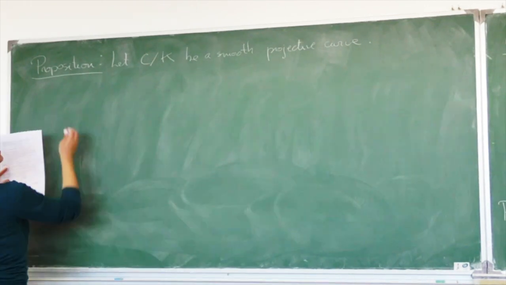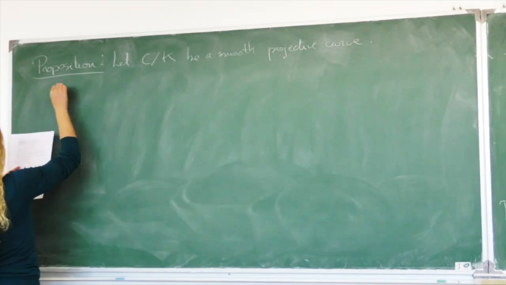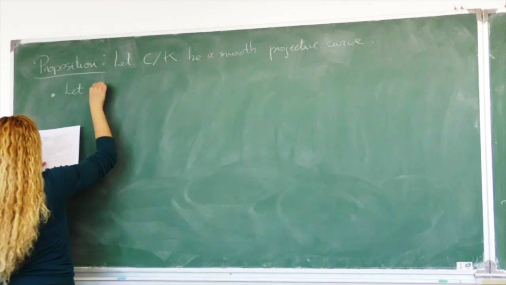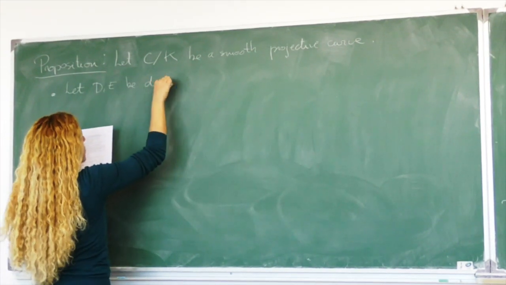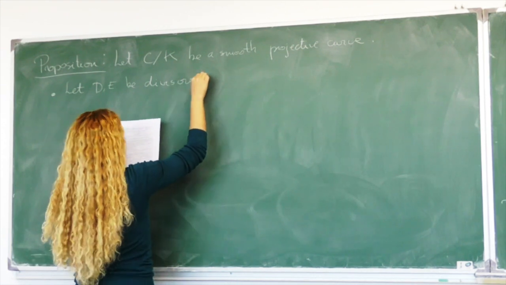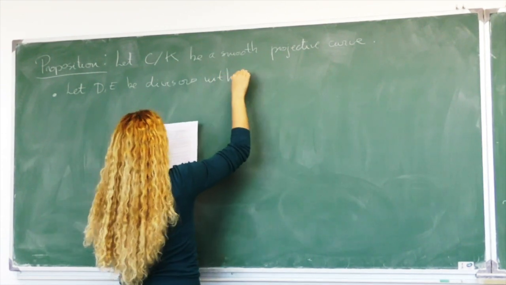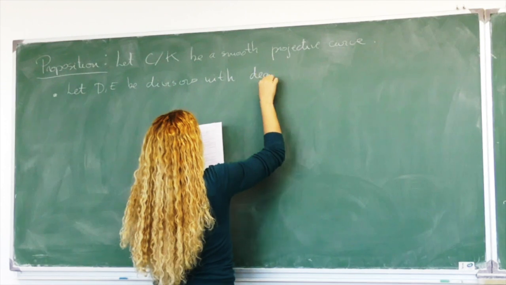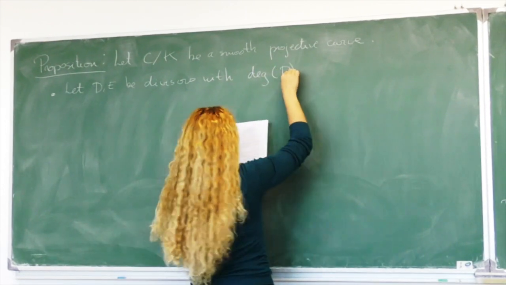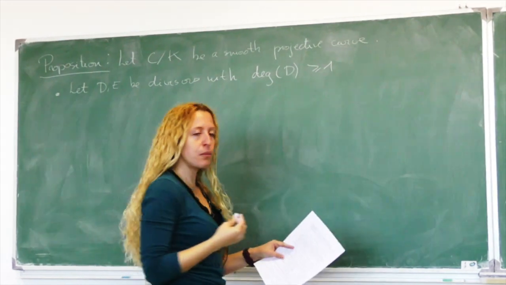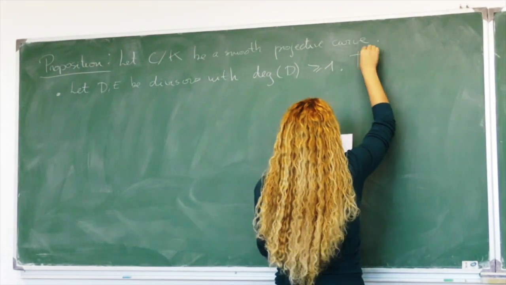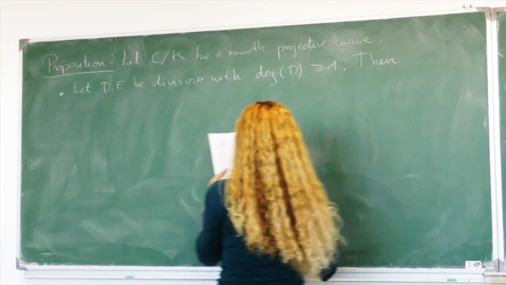So in this case, we have the following. Let D and E be divisors, with the only condition that we ask being that the degree of D is greater or equal than 1. Okay? Then, in this situation, we have the following.